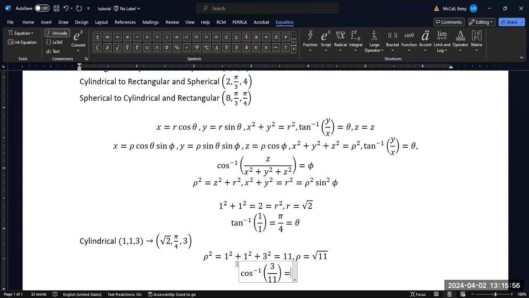So again, make sure that your calculator is in radians. And I get approximately 1.2945 dot dot dot.